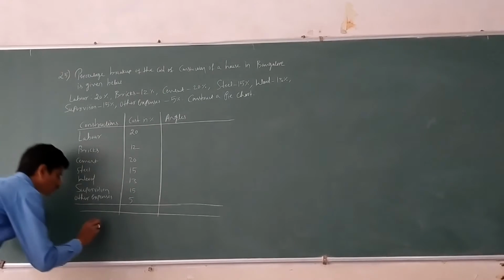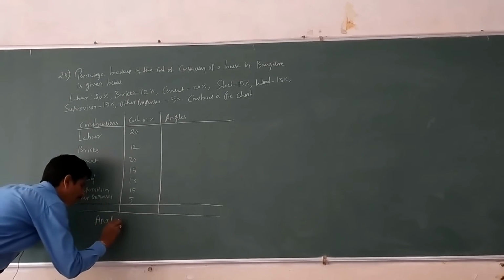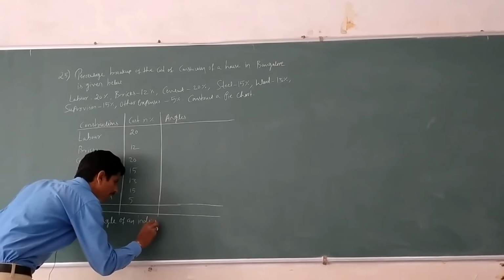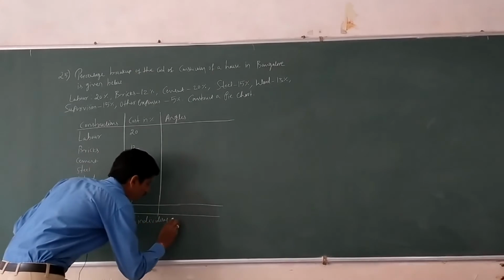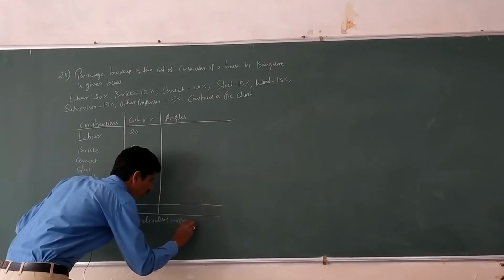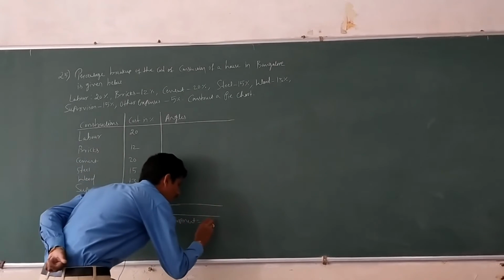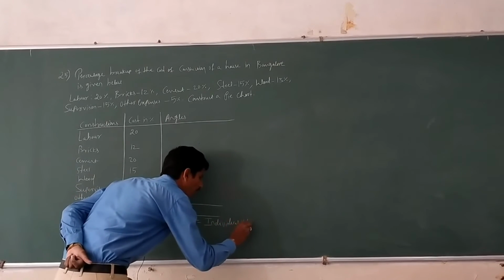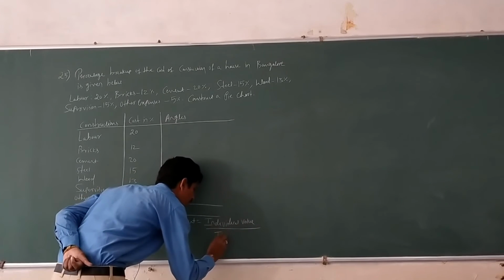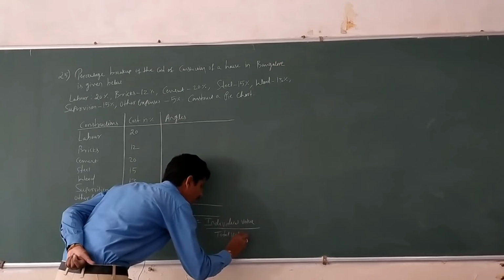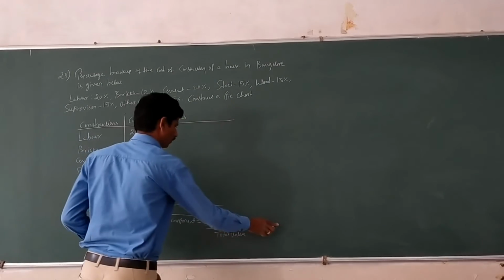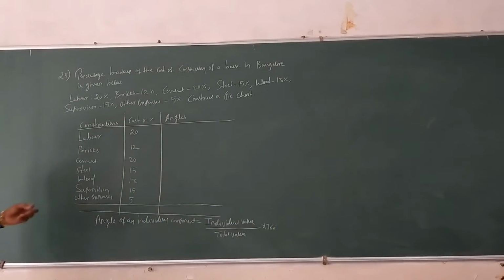Angle of an individual component equals individual value divided by total value into 360 degrees.